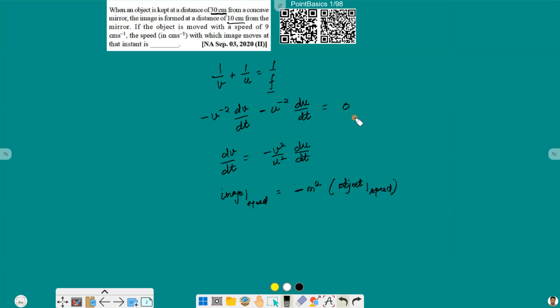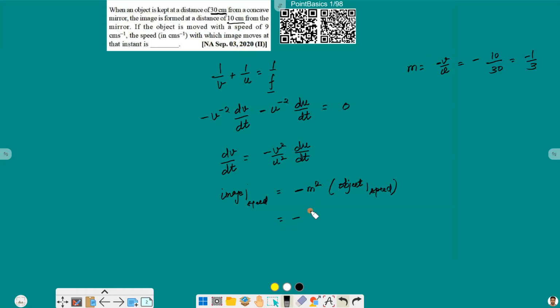So m modulus, the normal magnification for a mirror, is equal to minus of v by u. Now here we have image at 10 centimeters, so this will be 10 by 30, so it is minus 1 by 3. And we will not worry about the signs, whether it is formed on the right side or on the left side, because finally we will get the square of magnification.